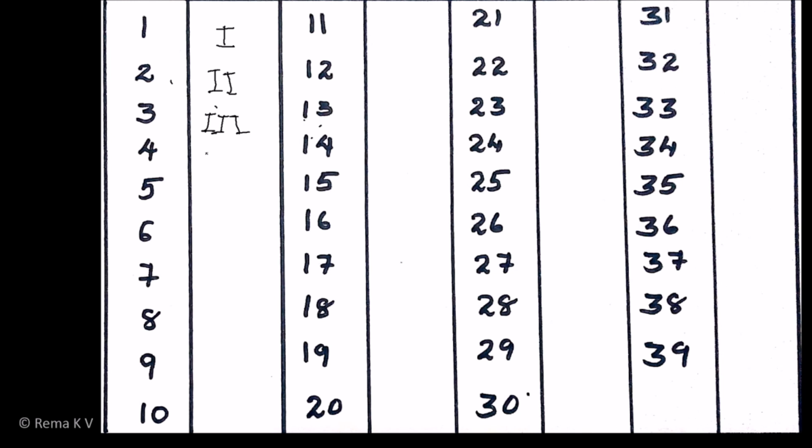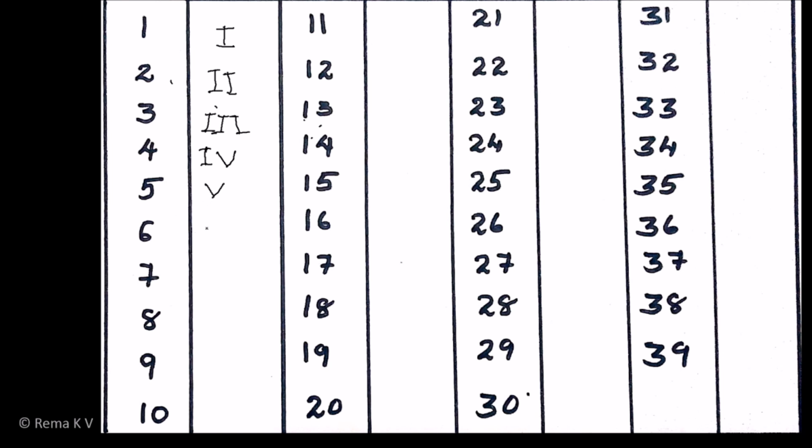So for that we are using I and then V. The meaning of this is 4 is 1 less than 5. So this is 4. And for 5 it is V.